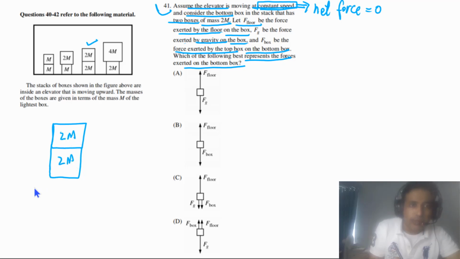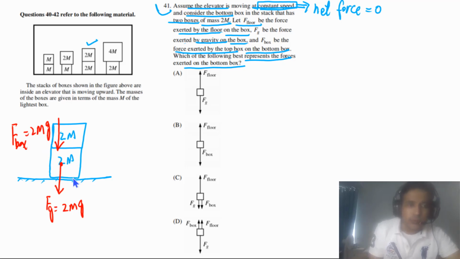This is 2m and here we have the ground. So in this case, first of all, the force acting on this box is the force of gravity. We can say this is Fg and this is equal to 2mg. And now there is a force on the bottom box by the top box, and that force is F box, and this force also is equal to 2mg.